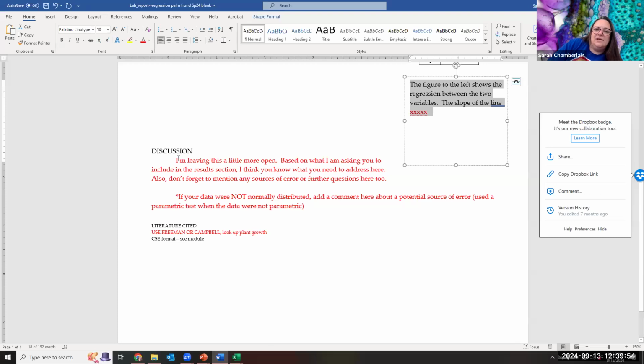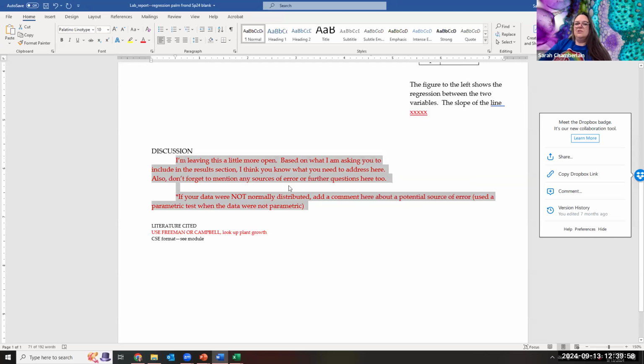Okay. Now in the discussion, what are you going to be talking about? Right. So what are you going to need to address there? You're going to need to address what your stats mean, and not just P, but what does the R and the R squared tell you? Is the regression positive or negative? Right.